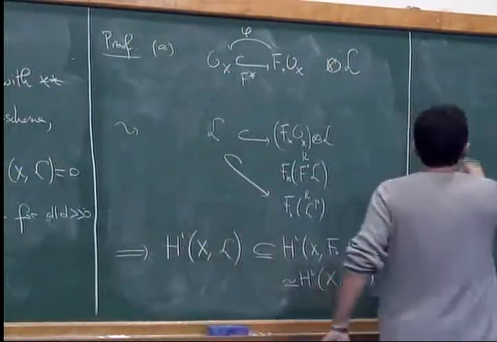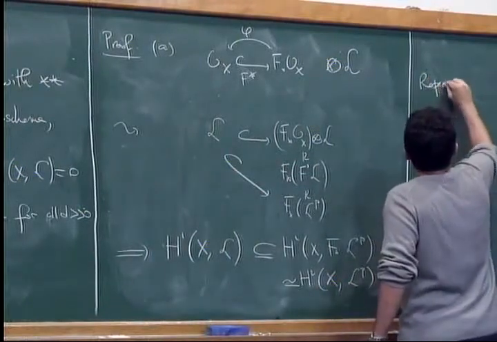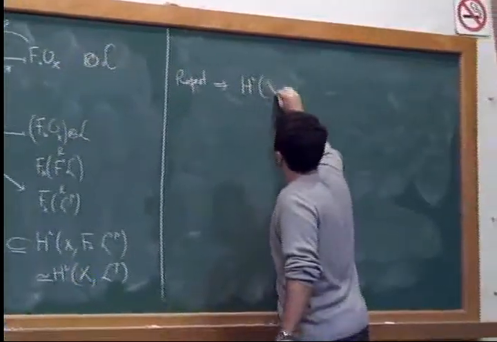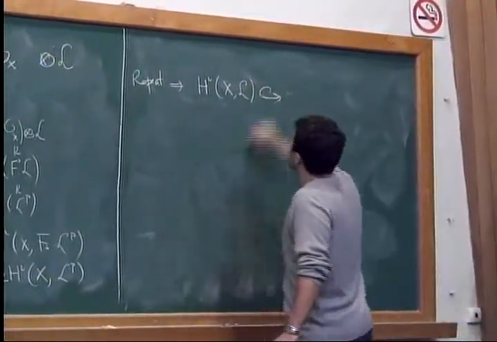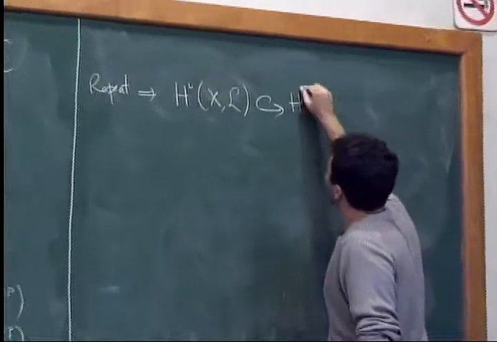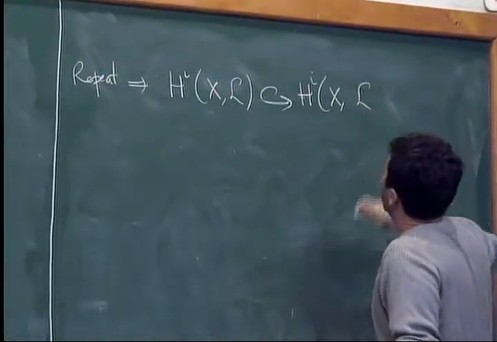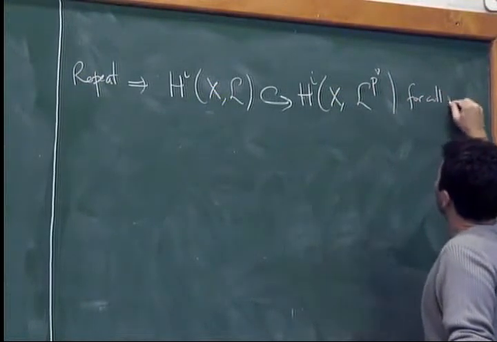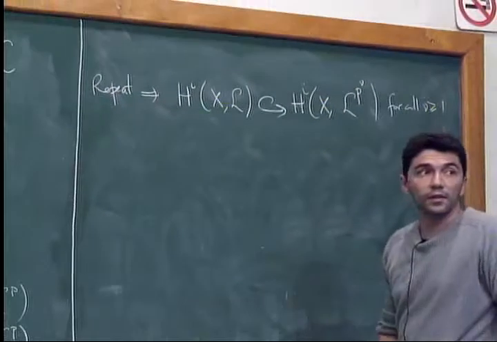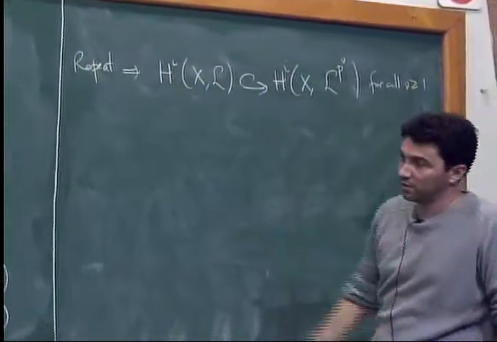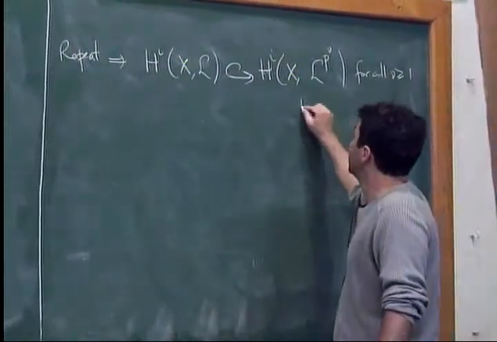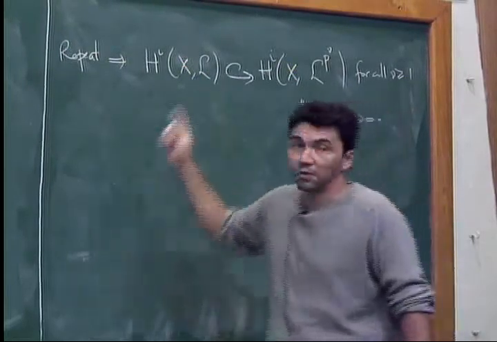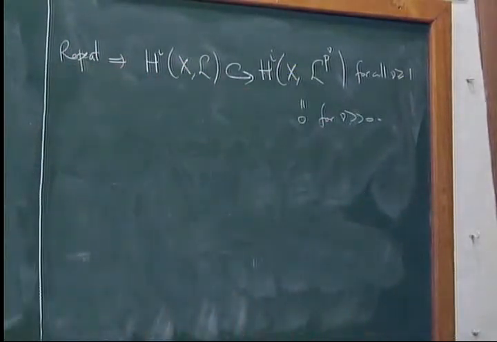Now you repeat. You see that H^I of L injects into H^I of L to the power p^nu for all nu greater or equal to 1. So for nu big enough, by assumption this is 0. So you get the conclusion. Exactly the same for the second point.